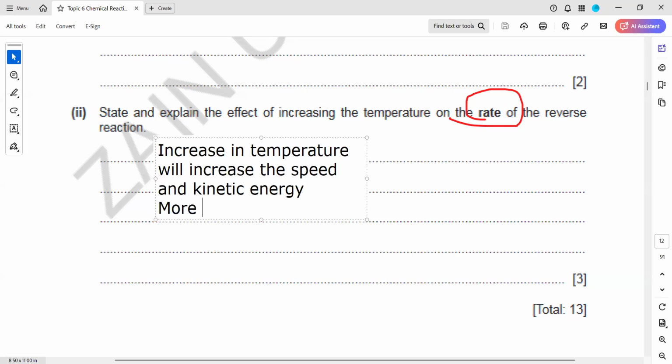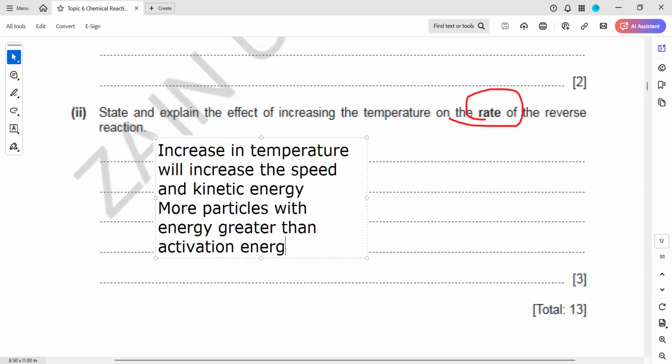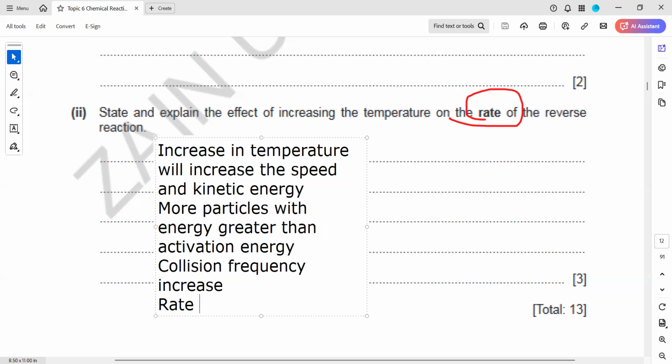There will be more particles with energy greater than the activation energy. As a result, they will collide more often. Collision frequency, you can also say, increases. So in the end, the rate will increase.